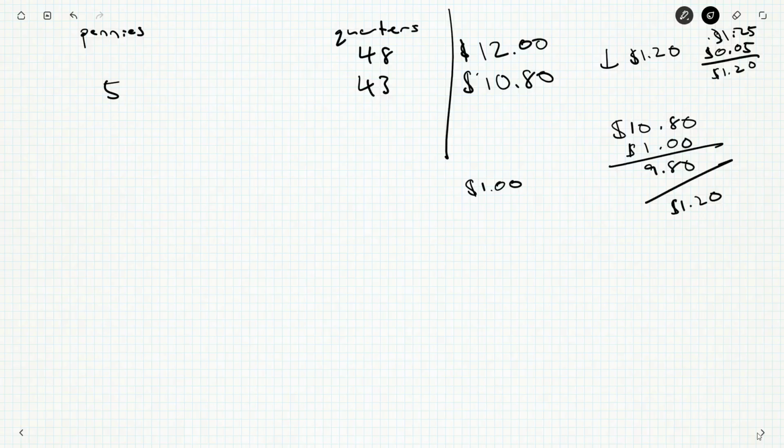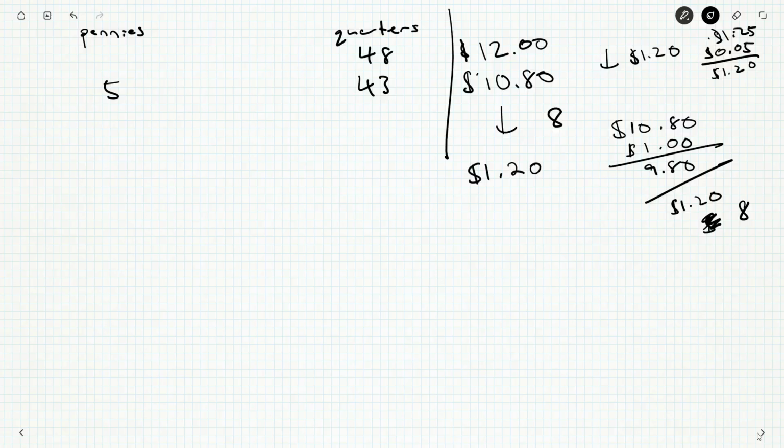So I'd need to have an even division here. 9.8 divided by 1.2. Doesn't quite work. The closest we can get is 8 steps. So what happens if we remove 120 times 8? So that's 9.6. We'd be left with 1.20.